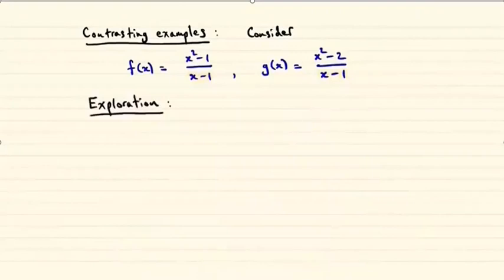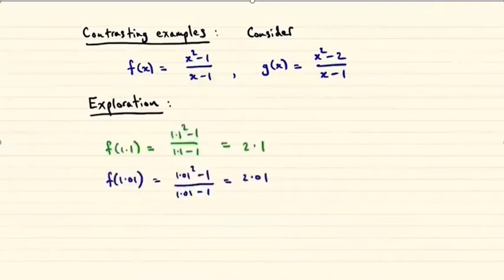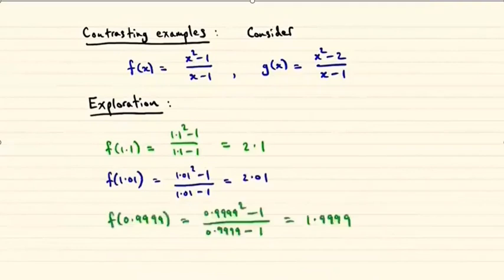Let's do some exploration for x close to 1 for the function f of x. f(1.1), you can check, evaluates to 2.1. f(1.01) evaluates to 2.01.